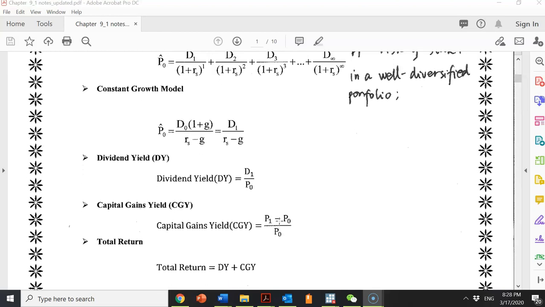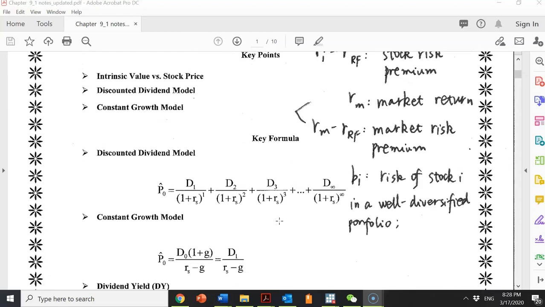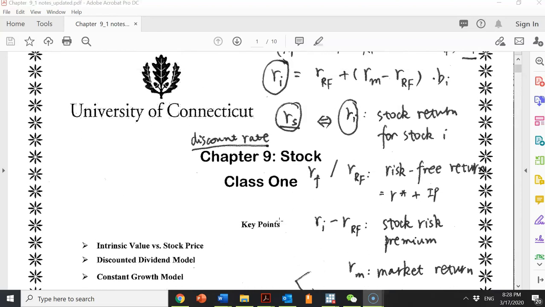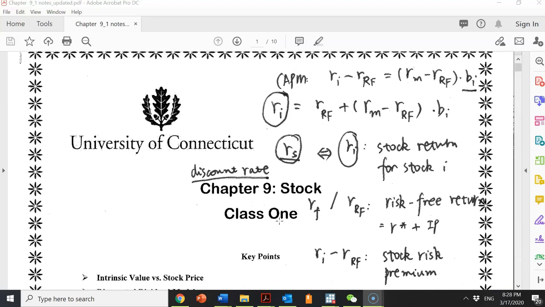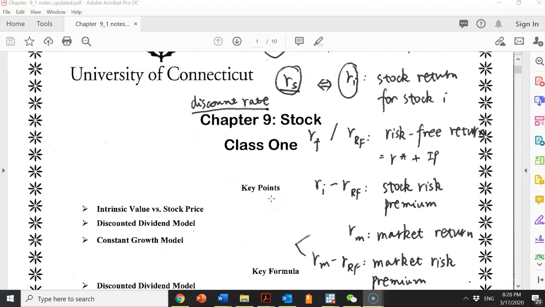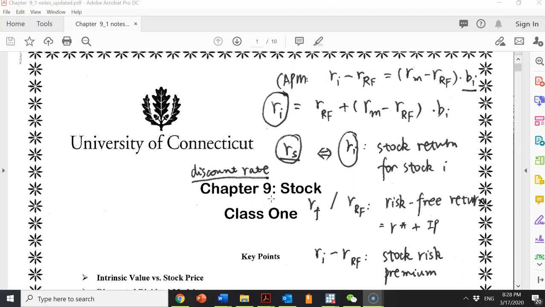Before I go on further talking about these new concepts and models, let me do a small review on what we've learned in Chapter 8, Class 3. In last lecture, we were estimating stock return RI by using risk-free rate RRF plus market risk premium, RM minus RRF, multiplied by beta.